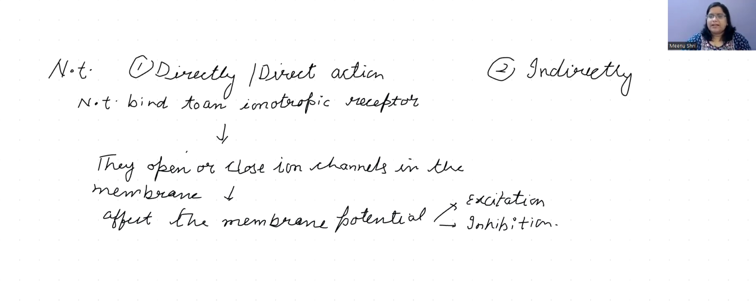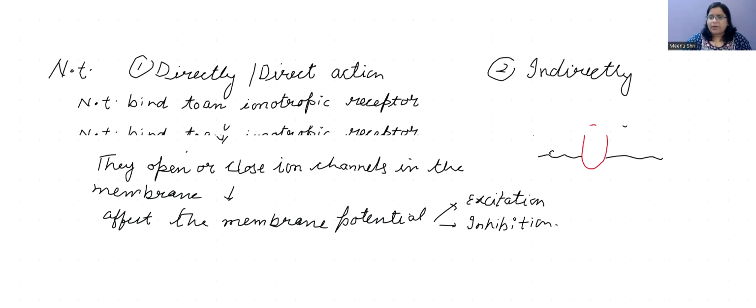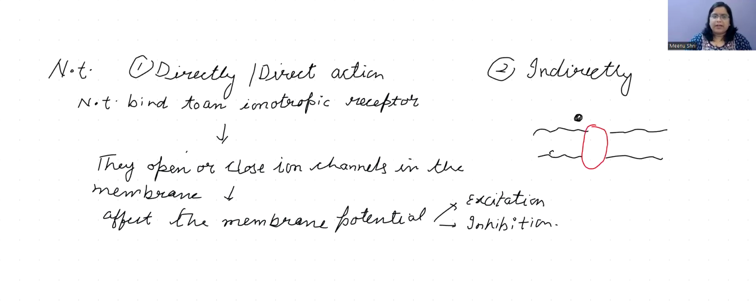Suppose this is the membrane and this is the ionotropic receptor. As the neurotransmitter binds, these ionotropic channels open like that.